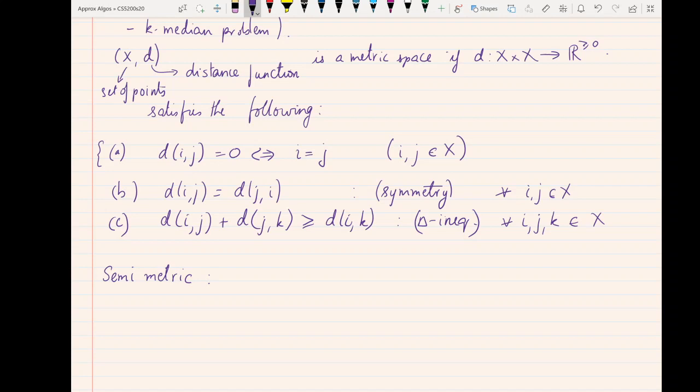So a semi-metric is basically a pair x, d that satisfies the above, except for point A. And most of the cases that we will be dealing with in our problems will be semi-metrics.